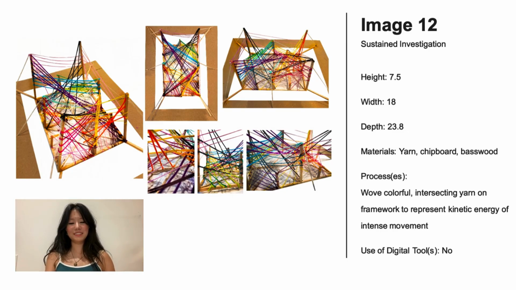Not gonna lie, this is not my favorite project. It looks a little messy. It's not as conceptually elegant as my other projects, but again, the sustained investigation is really just to show how your thought process evolves through your artwork.